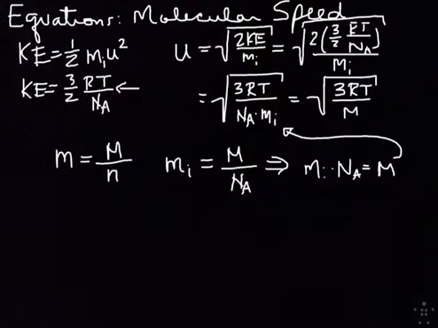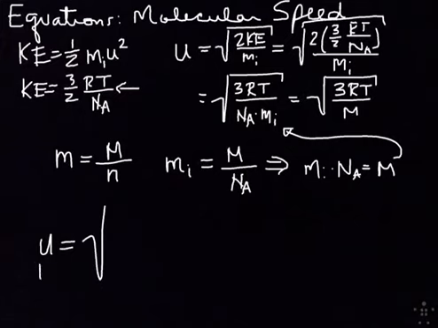Now we should check that the units make sense here, and that we're using the correct units. First of all, we're trying to solve for speed, so this should be in meters per second. We have on the top R, and if we want to do this in SI units, R would be in joules per mole Kelvin. I'm just doing a dimensional analysis, so I'll leave that off.